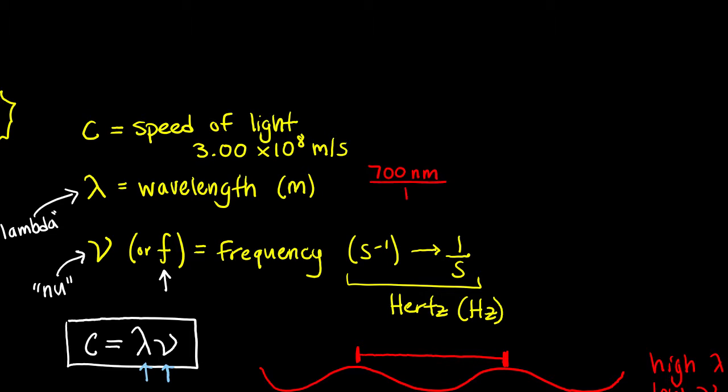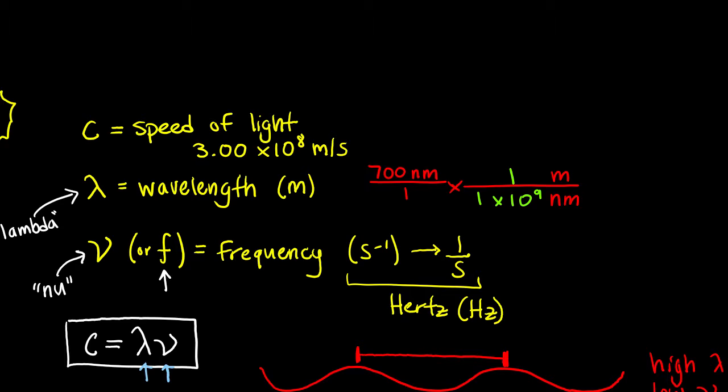I'm going to convert nanometers to meters with the understanding of this important concept. 1 meter actually contains 1 billion, or 1 times 10 to the ninth, nanometers, because 1 nanometer is a billionth of a meter. Nano, as a prefix, means billionth.